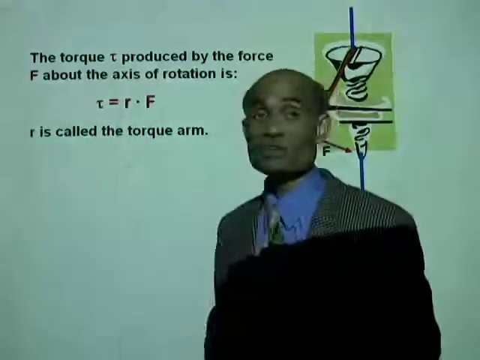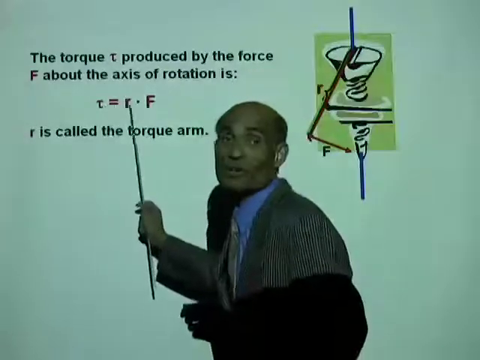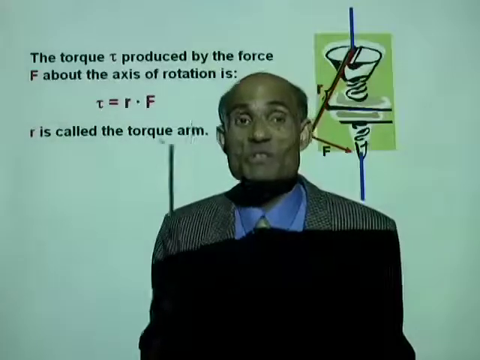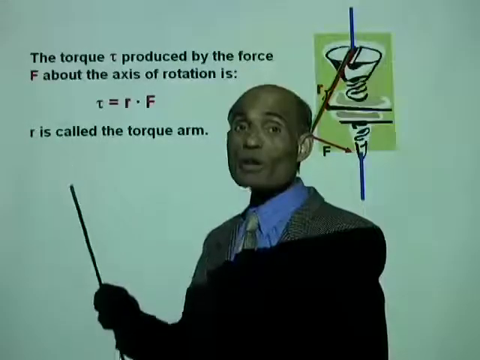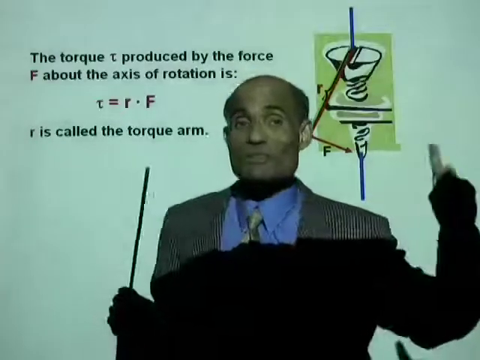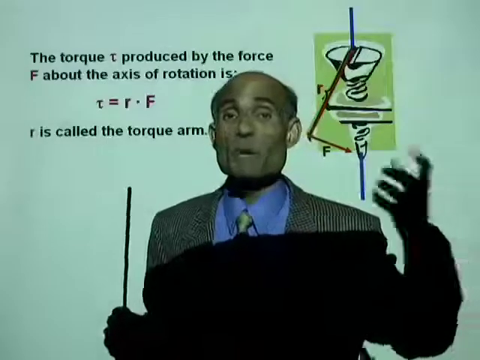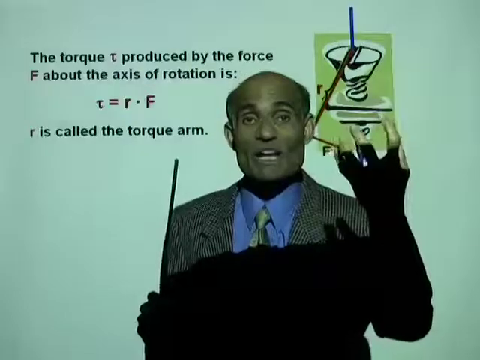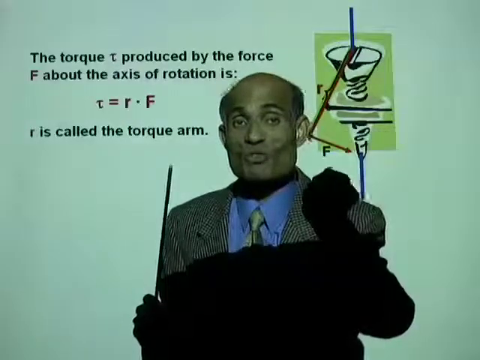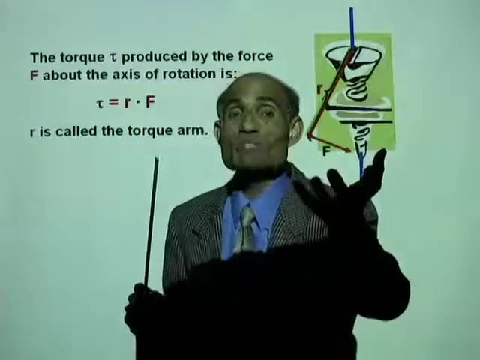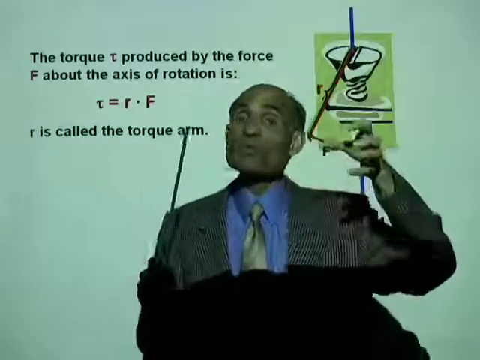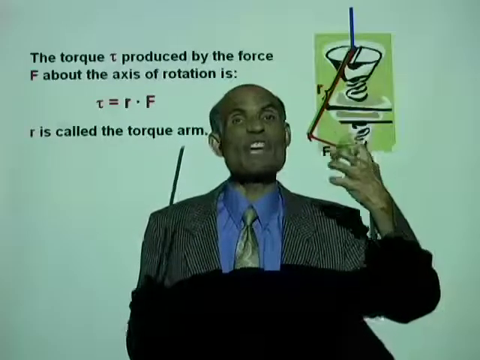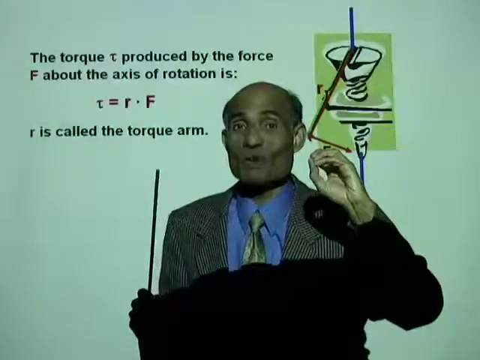Now here, this tau is the product of two vectors. Now there is a difference between this product and the product we considered earlier, because work done is a scalar quantity. We found earlier that force vector multiplied by the displacement vector gives you work done, which is a scalar, and we call it the scalar product or the dot product.